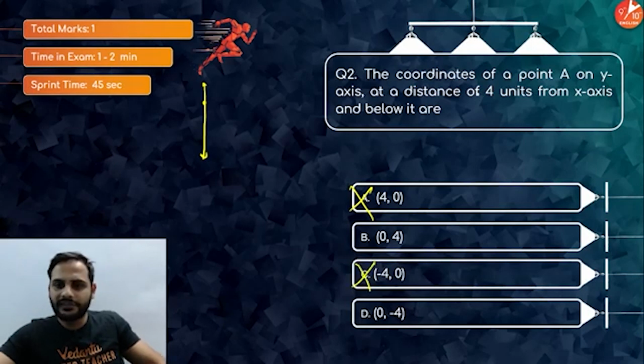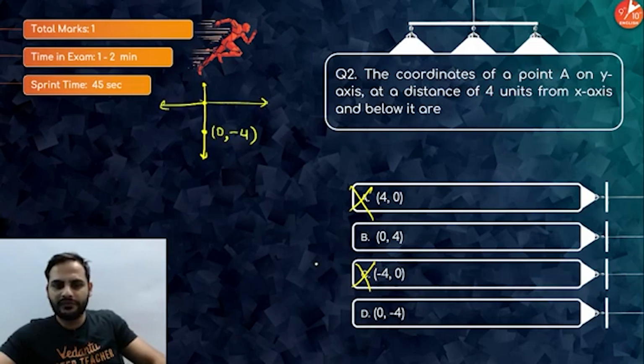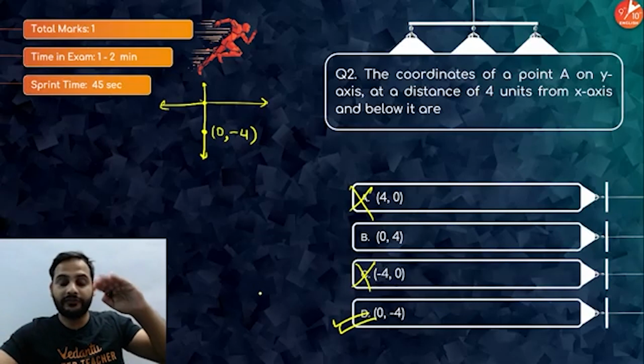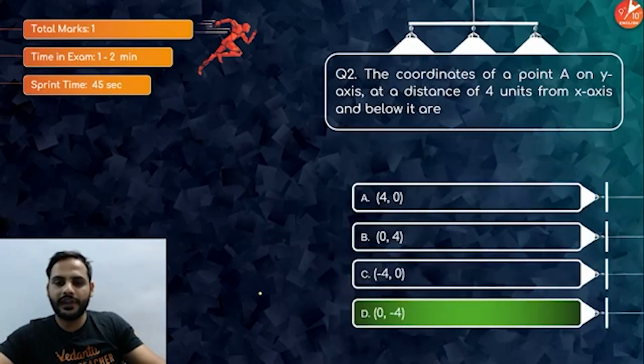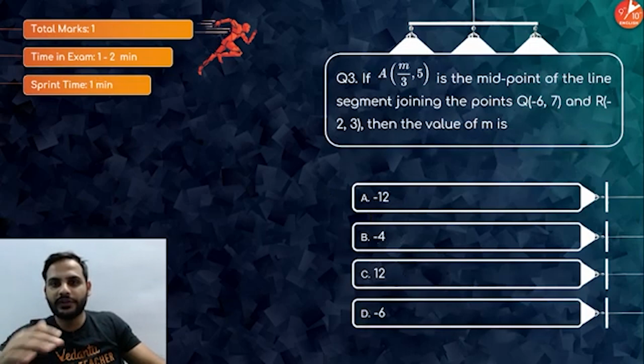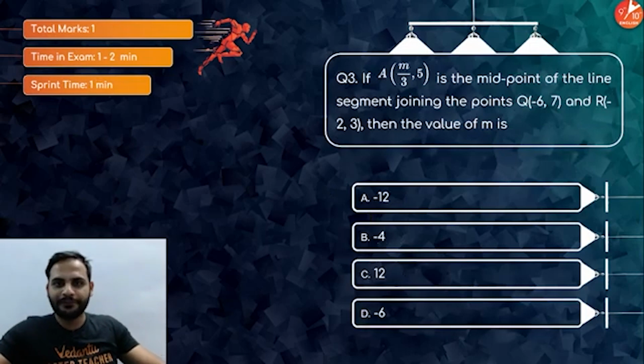Then it is saying at a distance of 4 units and below x-axis. ठीक है, so let's say it is your x-axis. So below x-axis and at a distance of 4 units, so obviously it is (0, minus 4). Option D will be your correct answer. If it would have told above, then it will be option B. ठीक है, simple. So remember A and C will be eliminated. Elimination, I have told you.